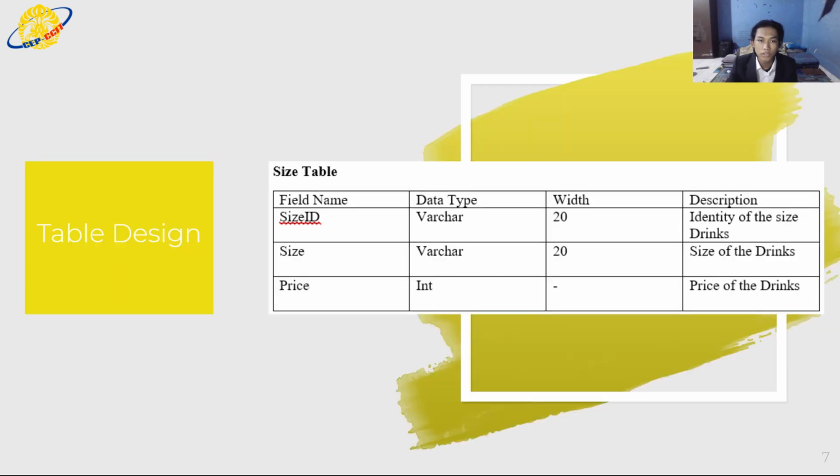Next is size table, field name is ID, data type varchar with limit 20, to use identity of the size, and size, data type varchar with limit 20, to use size of the drinks, and price, data type int, to use price of the size.